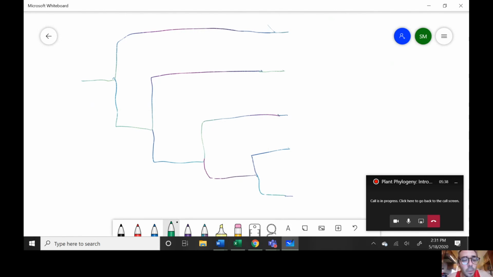Okay, so how do we group this in our phylogeny? One way that we do it, we need to say, okay, which ones are oldest, which ones are youngest, and which ones are somewhere in between. And we always want to put our common ancestor. So the longer our line, our phylogeny, that means the older it is. So this one right here being the shortest, and we can probably say, oh well, what about this one?